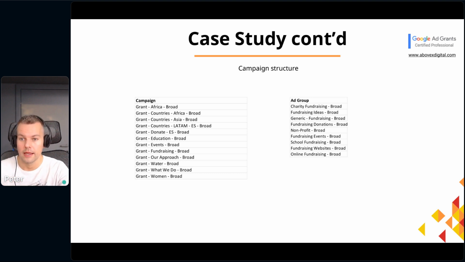And then we ran awareness campaigns around their programs, right? They do a lot of education. They have articles around water, clean water, importance of water, etc. So we really try to be as present as possible in all the keywords that they use on their page. So that was the structure that we used in their grant account.